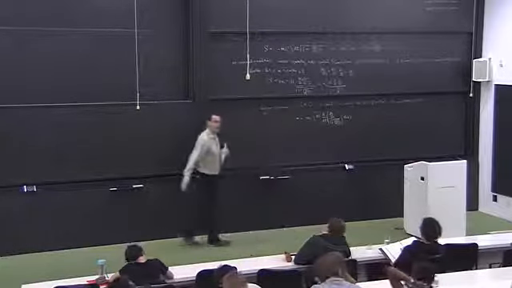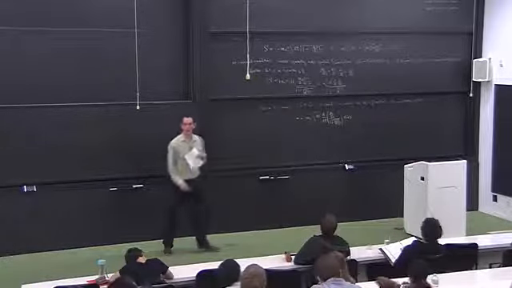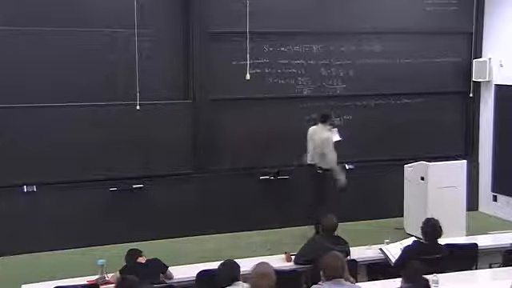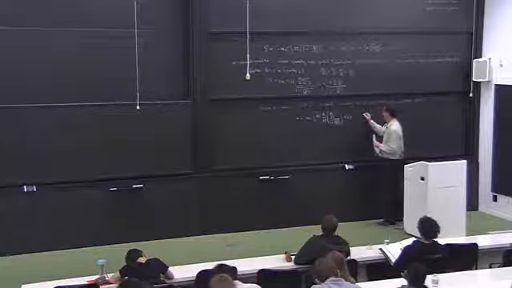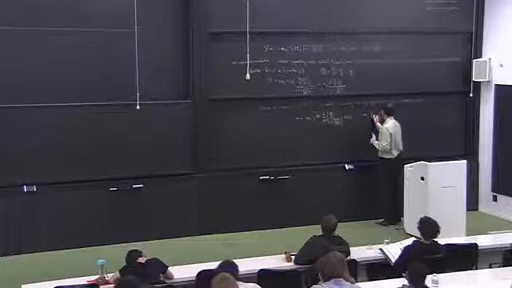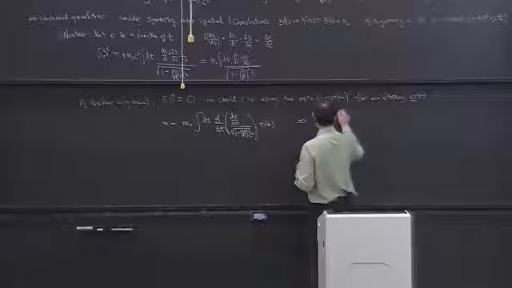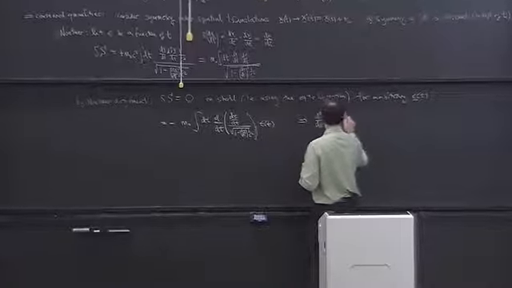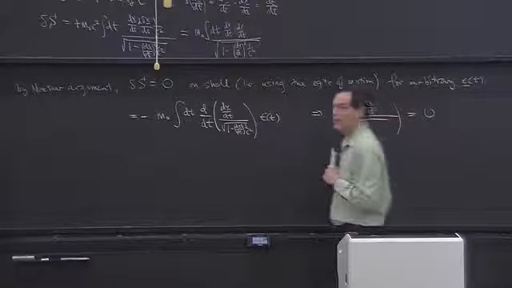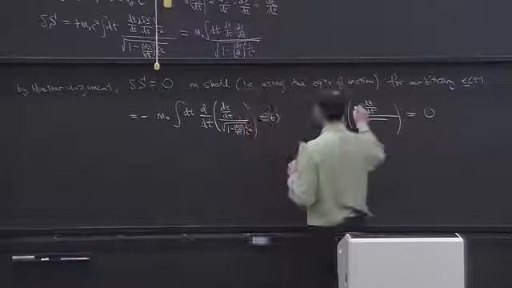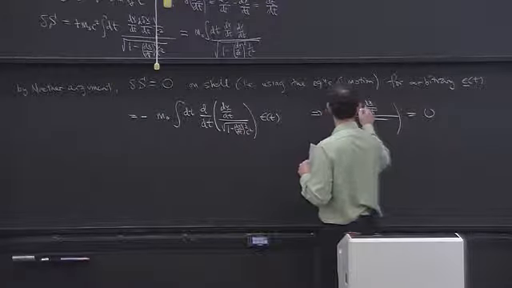Okay, so that quantity has to be 0 for arbitrary epsilon of t. And that means that the integrand, this function, has to be 0. So d/dt of dx/dt over the square root must be 0. Okay, and in fact, let's put the m naught in here.